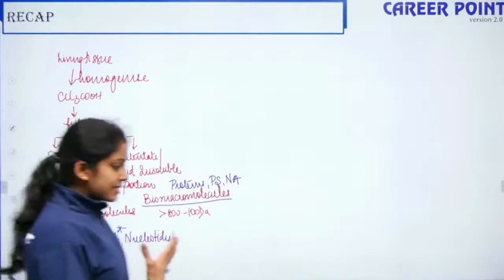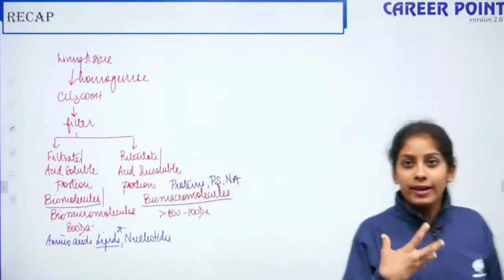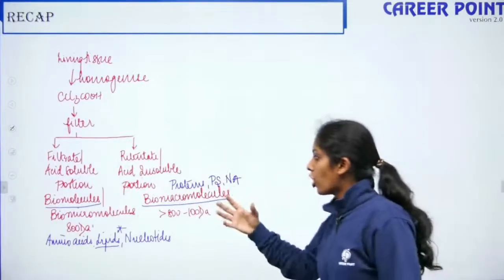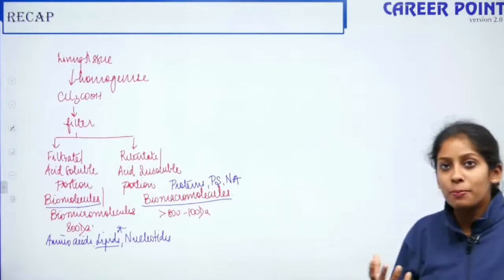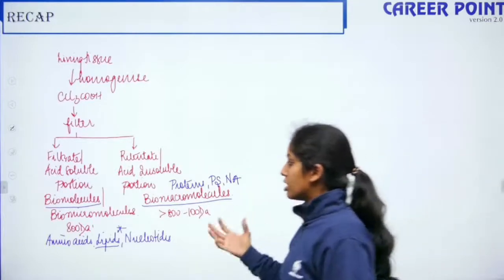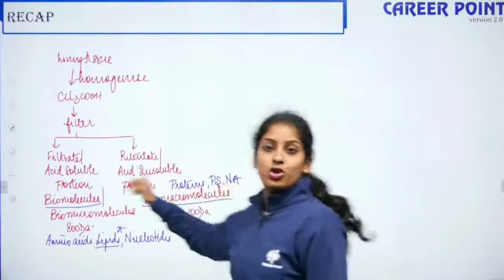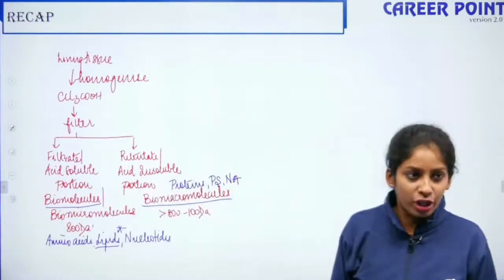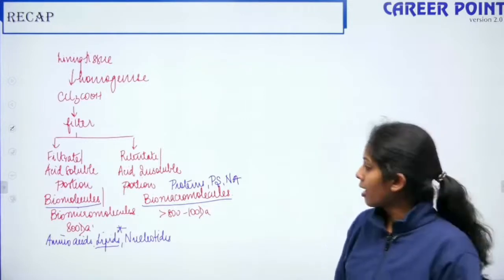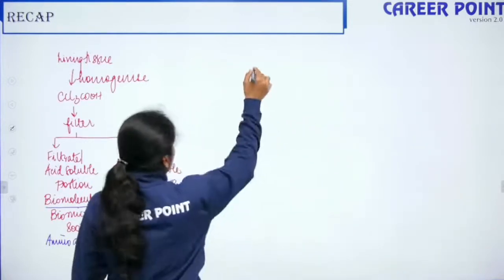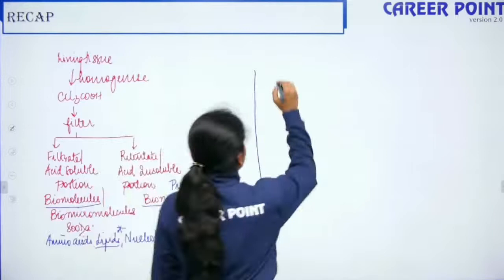That is the reason, it is conjugated with other components like your phospholipids, glycolipids, etc. So that is why it is present in your biomacromolecular portion, but it actually belongs to your biomolecules. Alright, clear? Okay, then we went on to talk about your lipids.